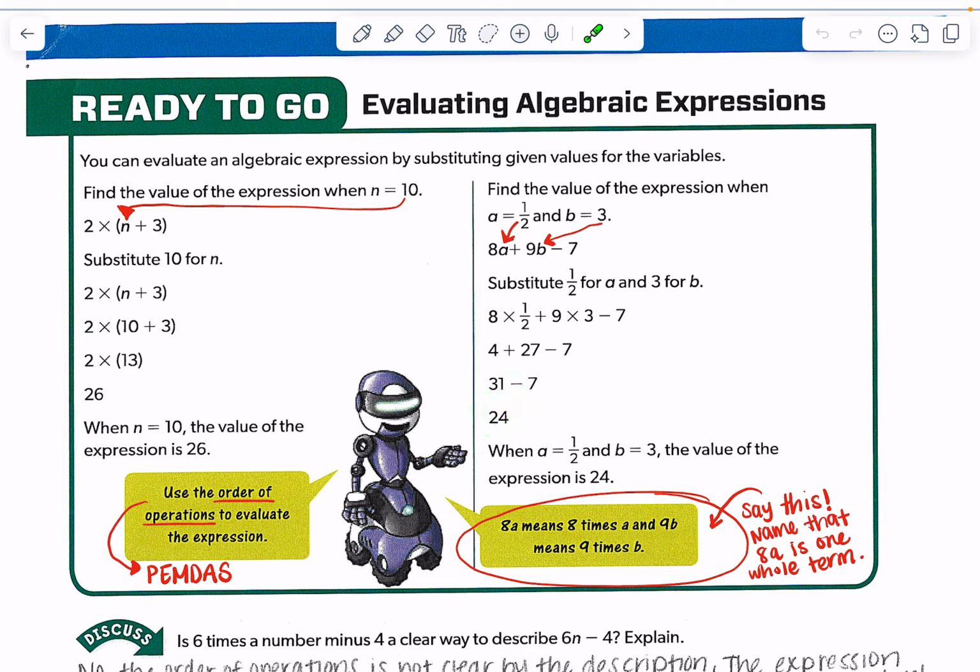So when a is equal to half and b is equal to 3, the value of the expression is 24. Something that you want to highlight and name to students is that 8a means 8 times a, which is why when we substitute half for a, we have to do 8 times a half, right? And then the same thing can be said for 9b.